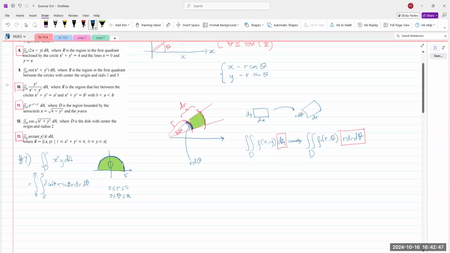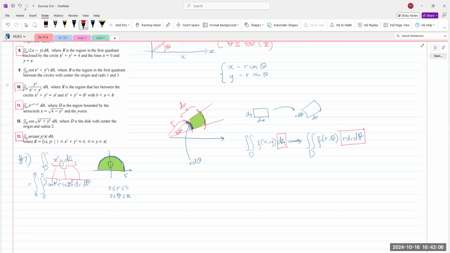I want you to notice the substitution. The x squared becomes this, the y becomes this, and then the dA becomes this.